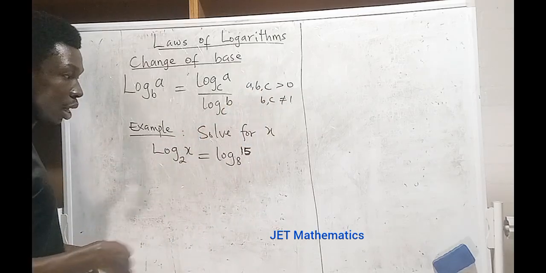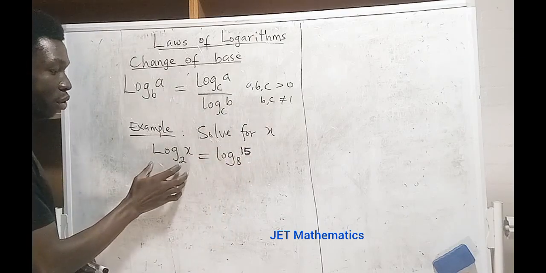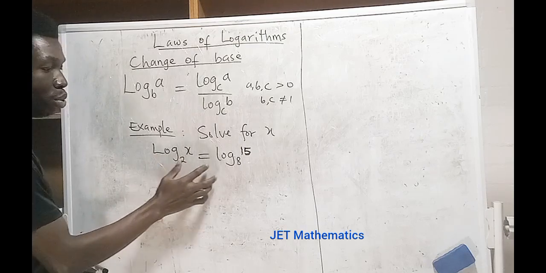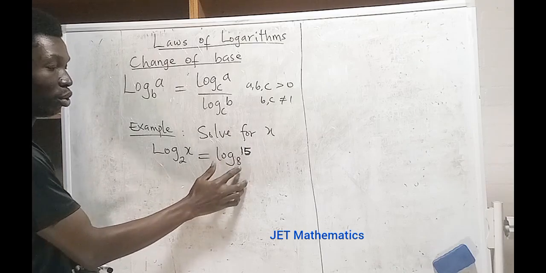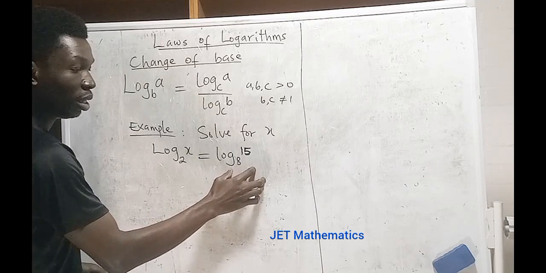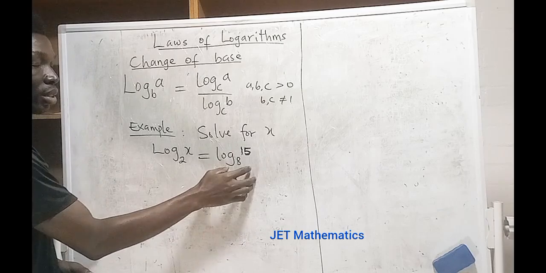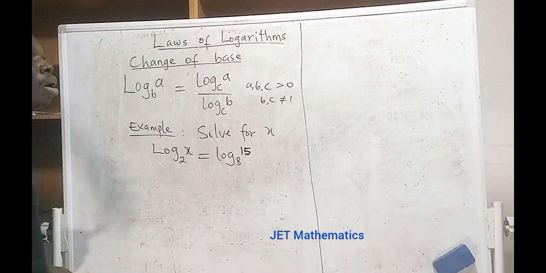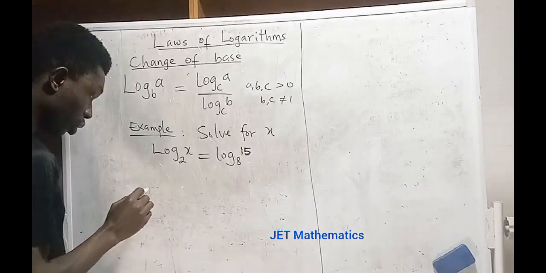Alright, so we'll solve this problem here. Solve for x. We have log x to base 2 is equal to log 15 to base 8. Now if you look at the right hand side, it's quite difficult for us to simplify the right hand side using all of those previous laws we have discussed.